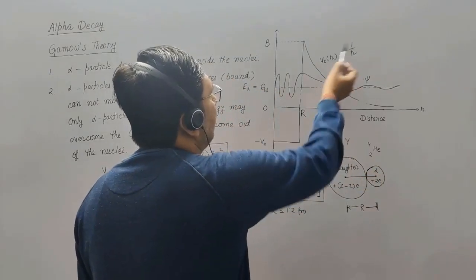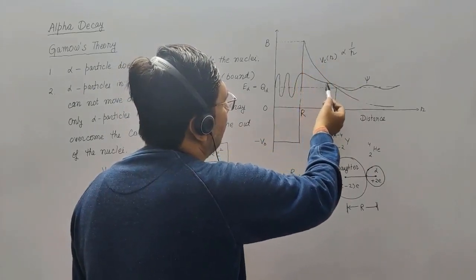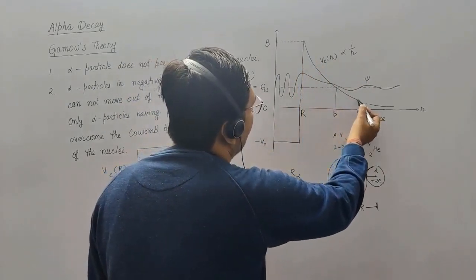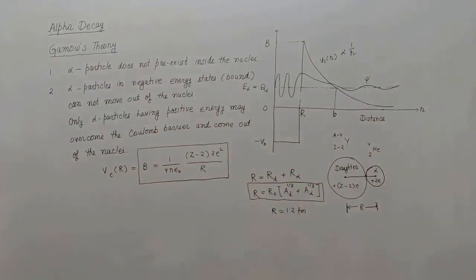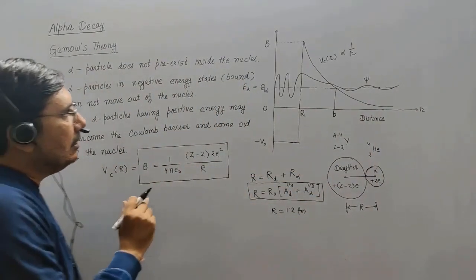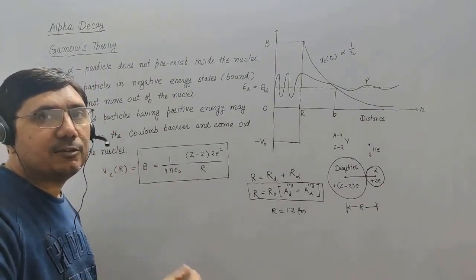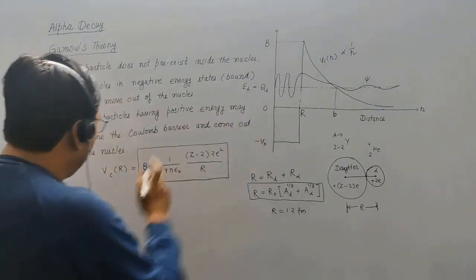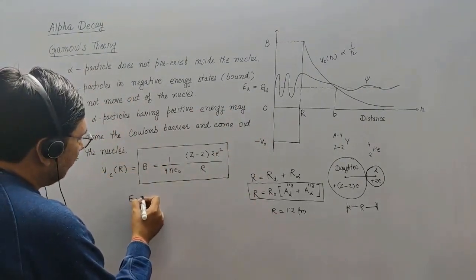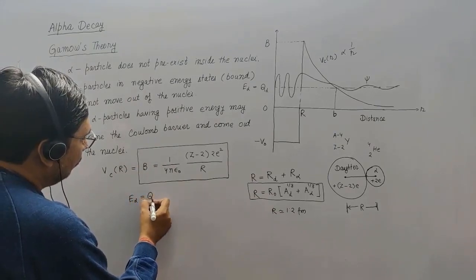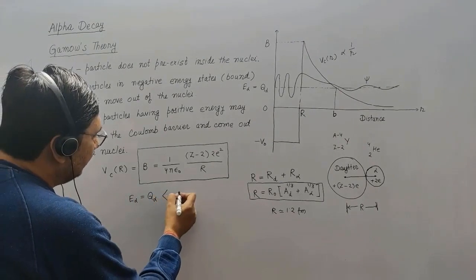So in this region it will go as 1 by r. This is the type of variation for the Coulomb barrier potential. Now here, the total energy that is positive and possessed by the alpha particle is E alpha. This is equal to Q alpha. And here this energy is less than B.